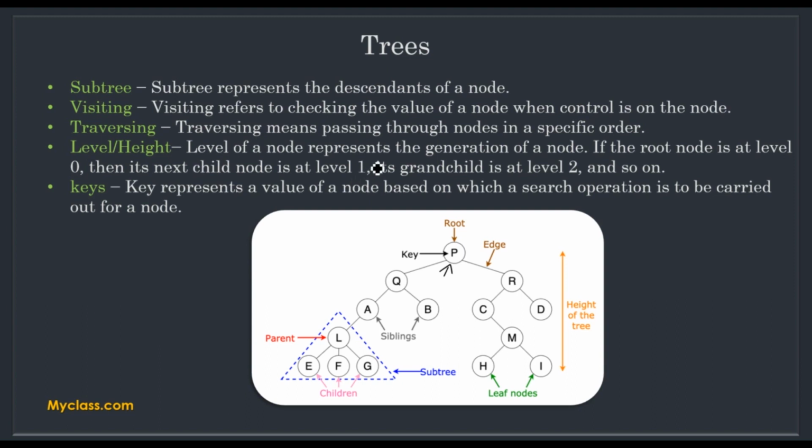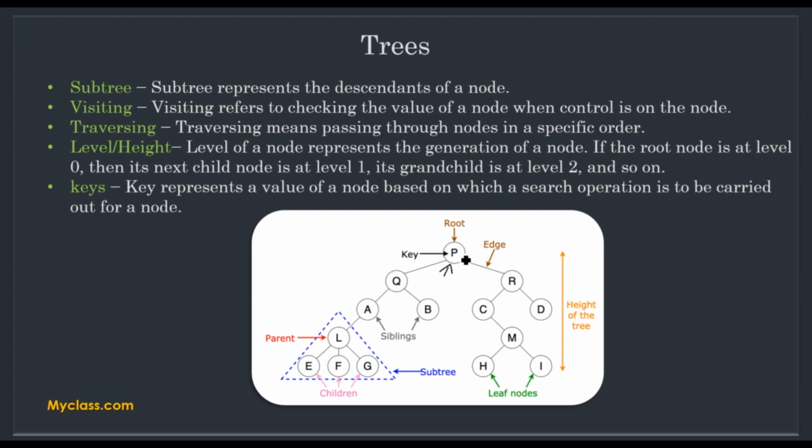Then the next is level or height. That is very important. The level of a node represents the generation of nodes. When there is a parent-child relationship, just as in our family there are generations, our parents' generation and our grandparents' generation, there are generations in the tree also. In level there are two considerations.